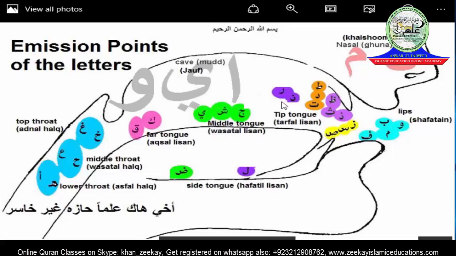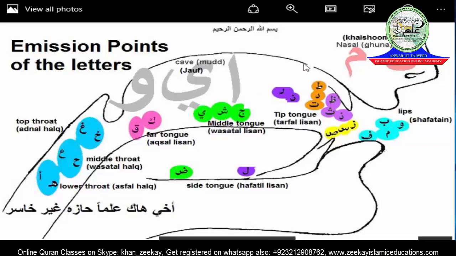The next two letters are letter noon and ra, and these are pronounced by the edge of the tongue when it touches the gums of the teeth which are in between the canines, which is almost this part. And letter noon is pronounced from the part which is in between the canines.